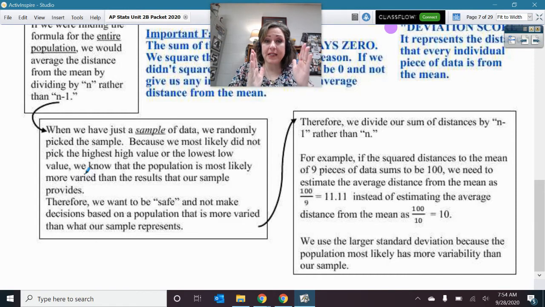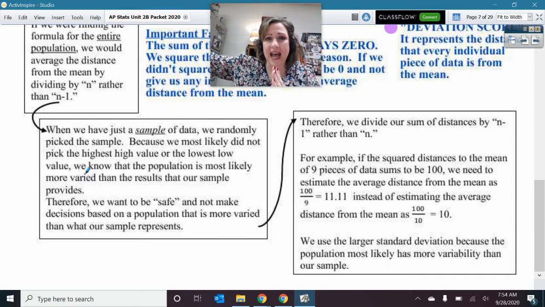Because if you had somebody shorter than our sample, they're farther away from the mean. So that makes that average distance from the mean bigger. If I had a really, really tall person, somebody who's 6'7" in the senior class, well, that person's not in my personal class here.